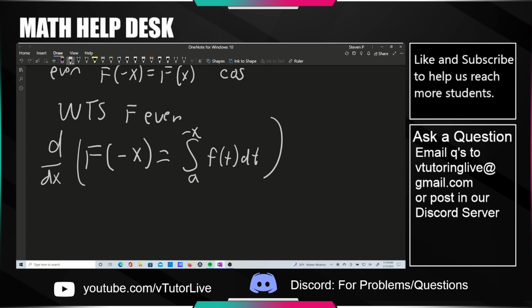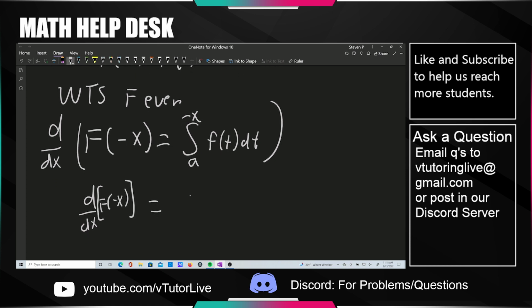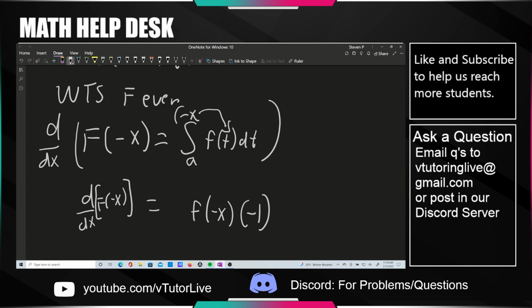And what did I get? I got that d/dx of F of minus x is equal to f of minus x, right? Because this is the fundamental theorem of calculus, it goes right in there. But by the chain rule, I would get an extra negative sign in front, right? Because the chain rule is being applied to the minus x right there.